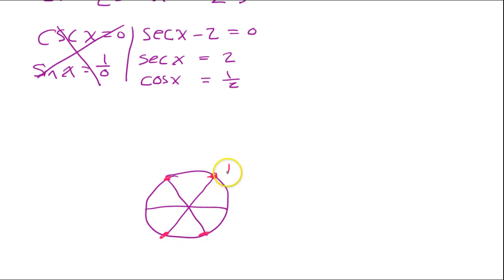The cosine of these two will be positive. The cosine of these two will be negative, because cosine is the x value on the unit circle. Positive to the right, negative to the left. In this case, we want a positive 1/2, so these two angles will be the solutions. So x is equal to pi over 3, or 5 pi over 3.